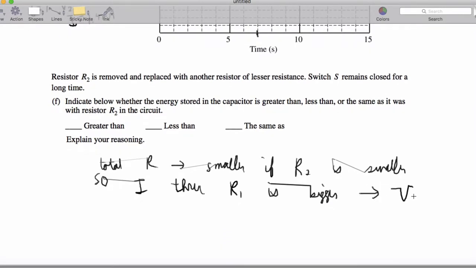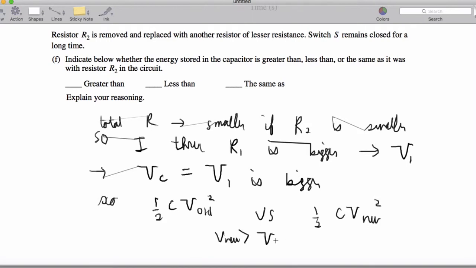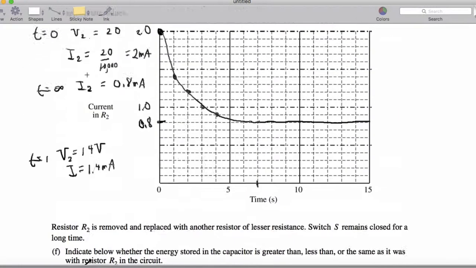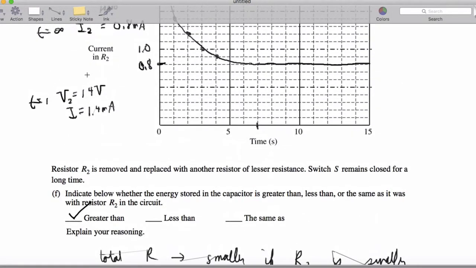That implies V1 is bigger, which implies VC, which is equal to V1, is bigger. So it's going to be an energy of 1/2 CV old squared versus 1/2 CV new squared. And since V new is bigger than V old, the energy is going to be greater than. All right, so that is question number 1 from the test bank.